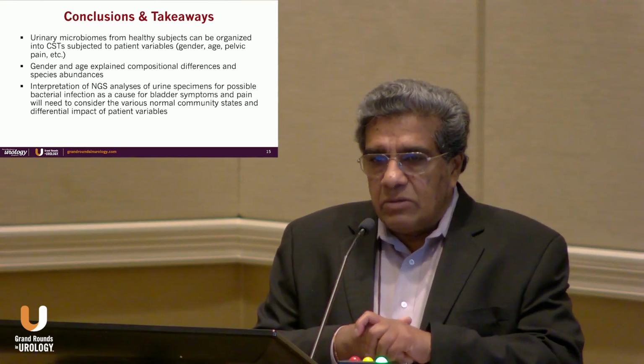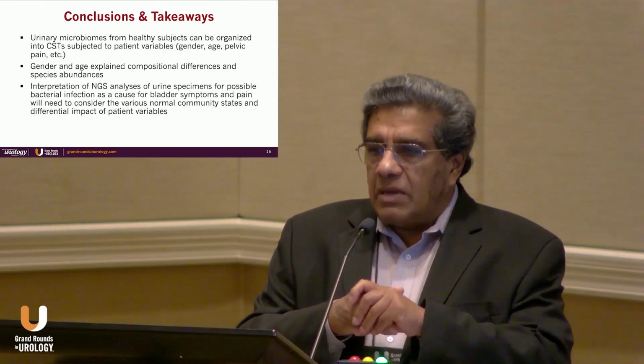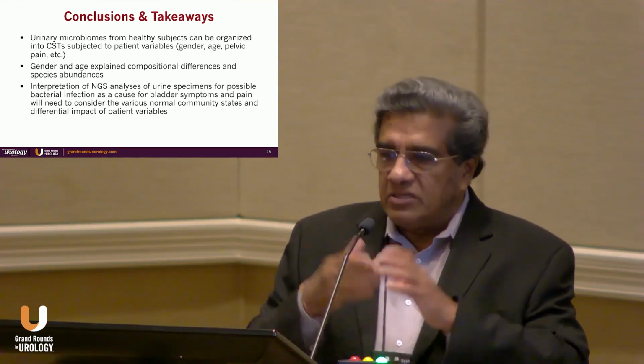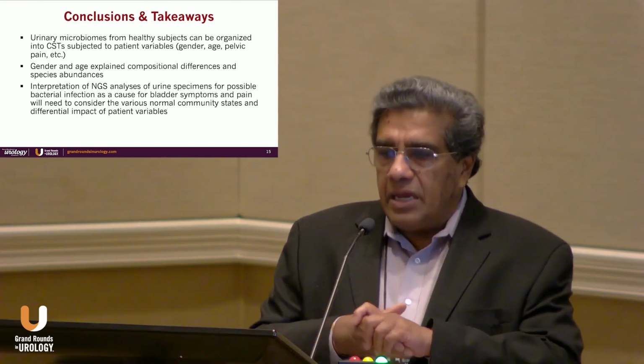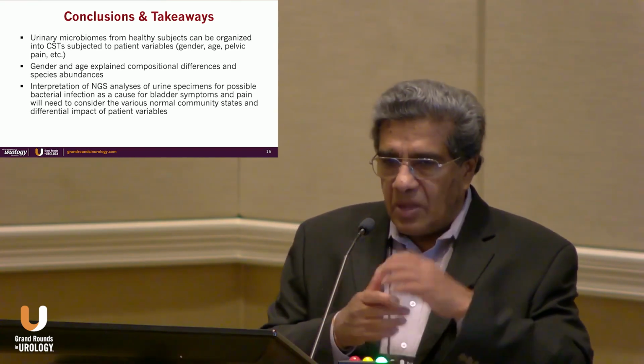So, on conclusions, the urinary microbiome from healthy subjects can be organized into community state types subject to patient variables: gender, age, pelvic pain, etc. Gender and age explain the compositional differences and species abundance.